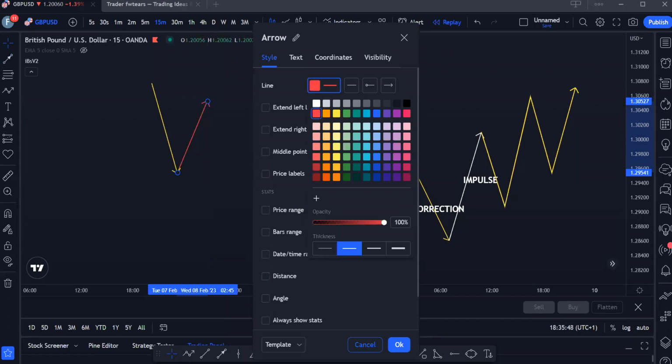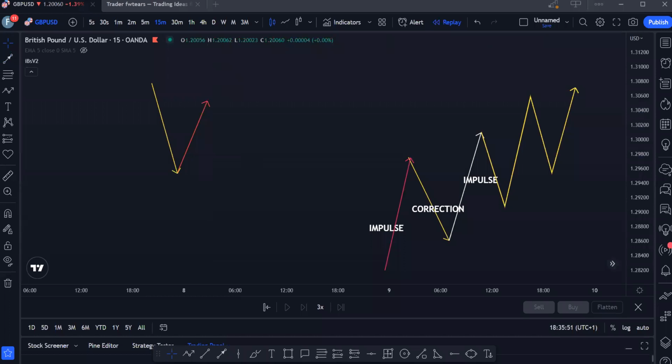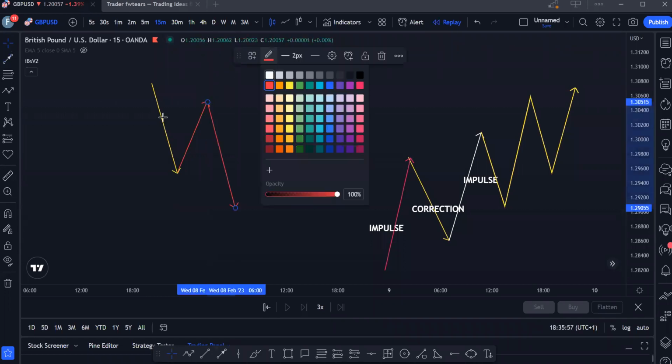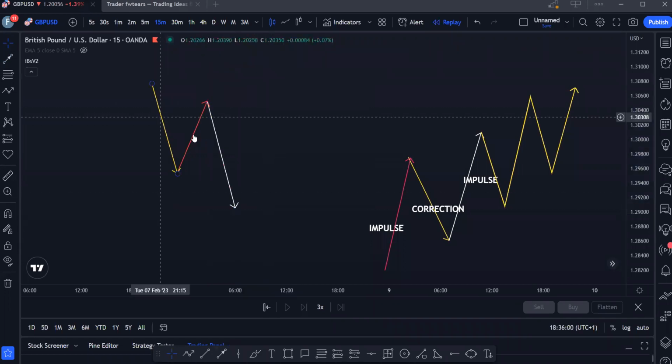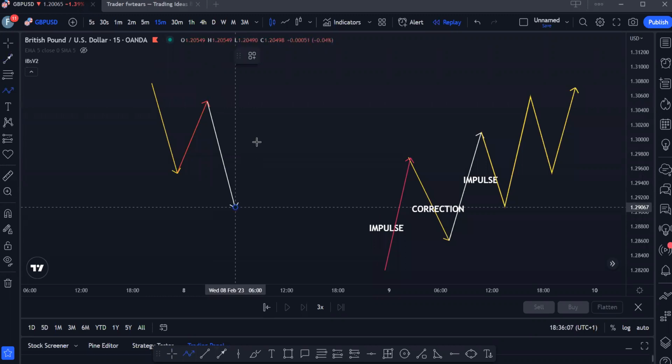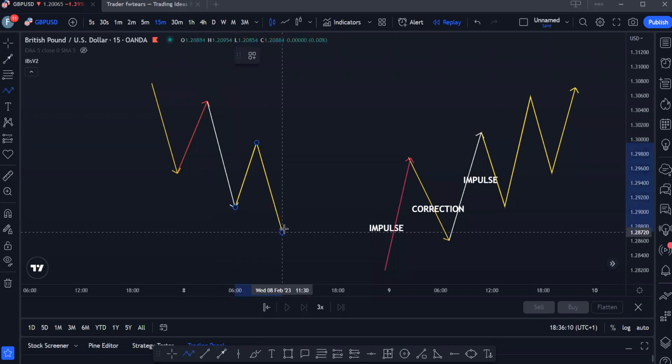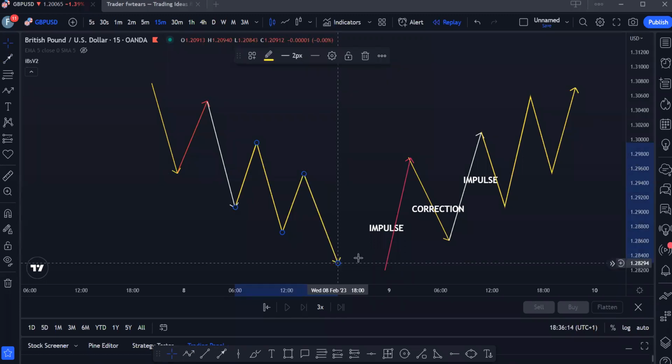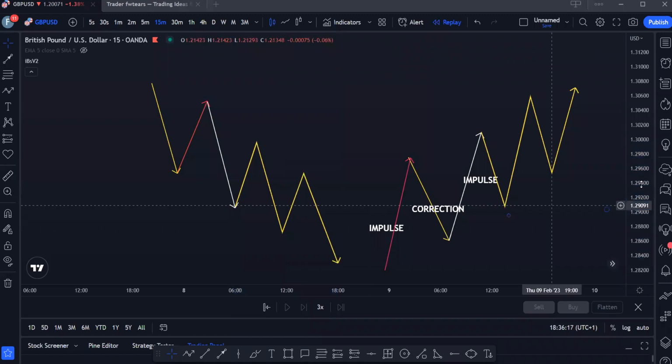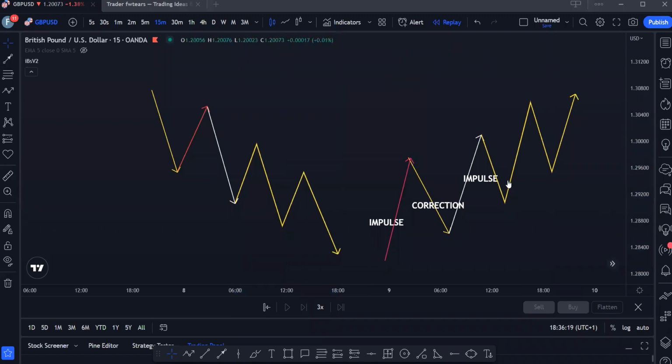Then we're going to have another impulse move like so. Impulse, correction, impulse. And a downtrend can keep having correction and impulse, correction and impulse. So that is an uptrend and a downtrend in a nutshell.